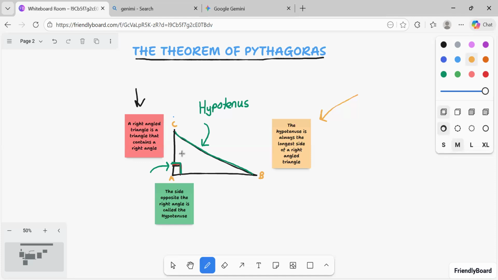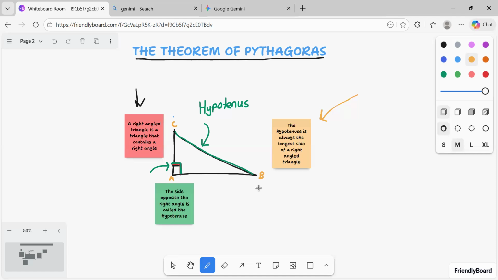You can see that side CB is the longest side. So that's another way you can identify the hypotenuse, by just looking at which side is the longest.